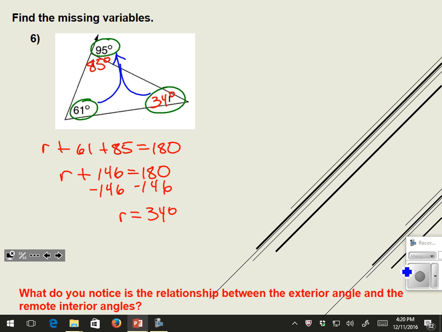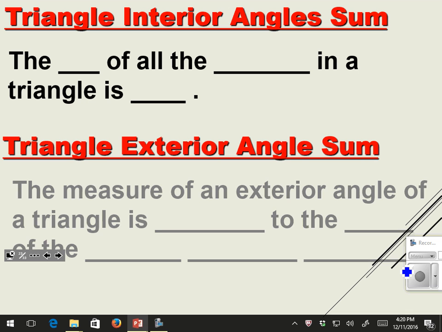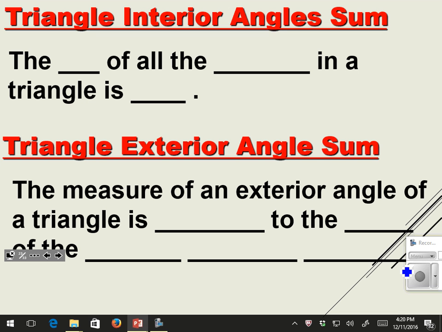Okay, let's see if you got this. Okay, guys, please write what should be in the blanks. These are the two major concepts we covered today. Triangle interior angle sum: the blank of all the blanks in a triangle is blank.